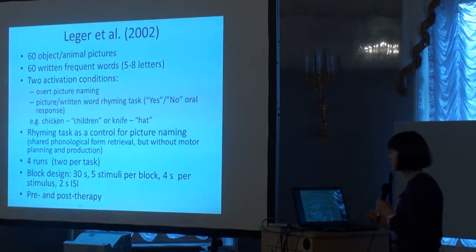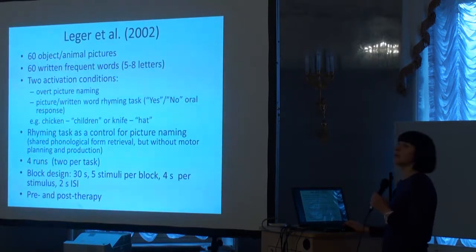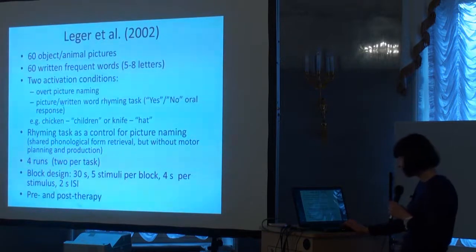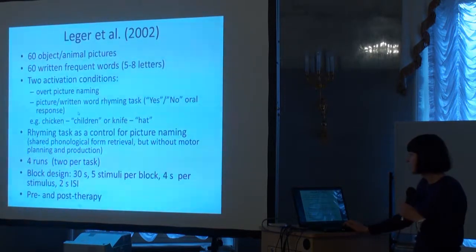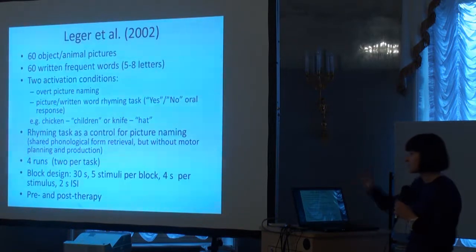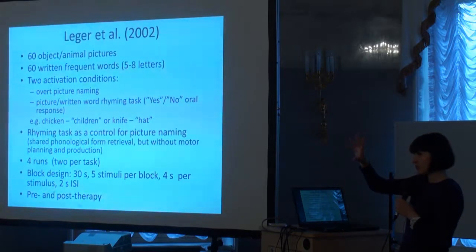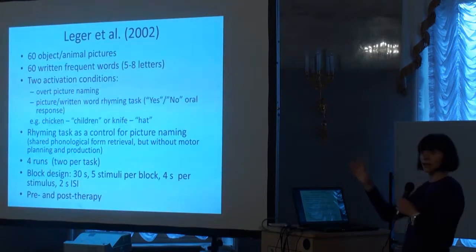They had two activation conditions: picture naming, where a participant had to name the presented picture, and the second task, to say if the presented written word and the name of the picture on the same slide rhyme or not.